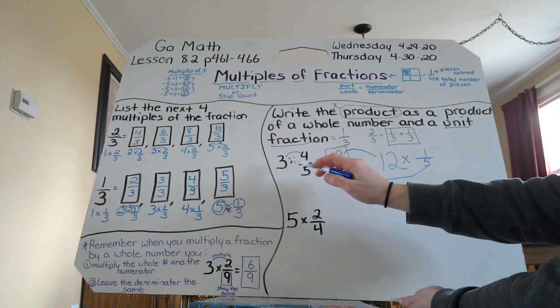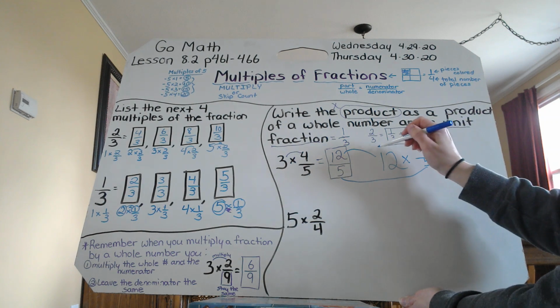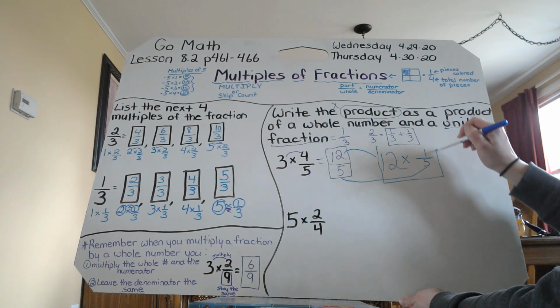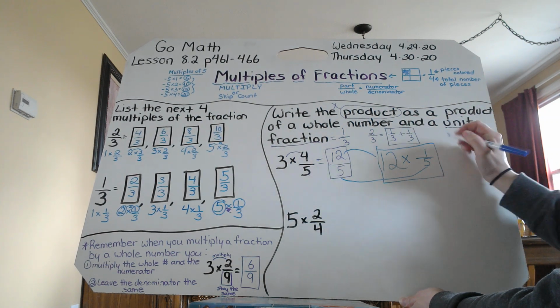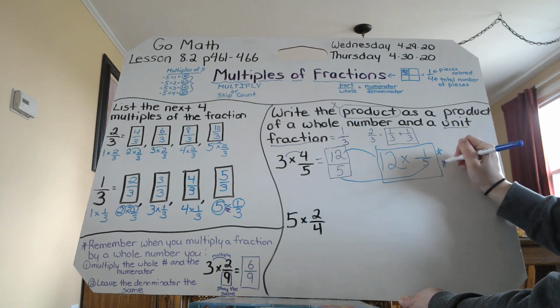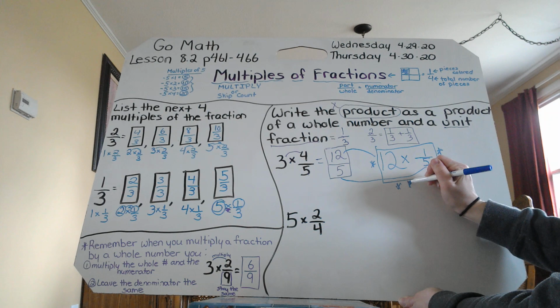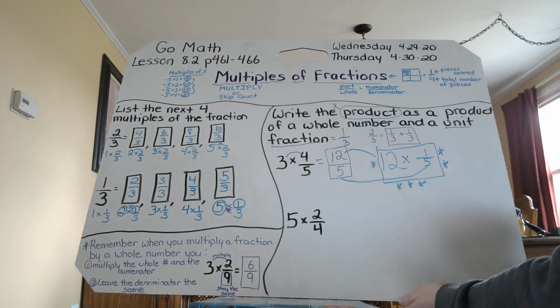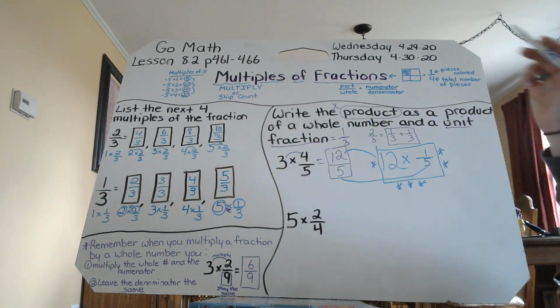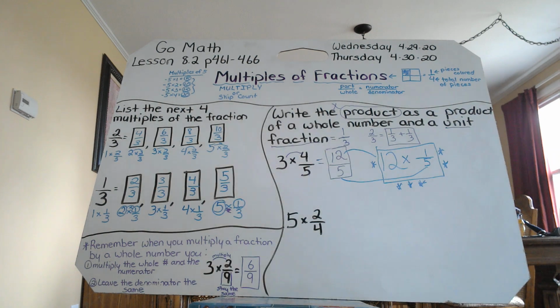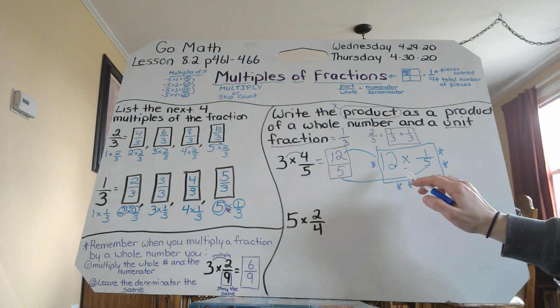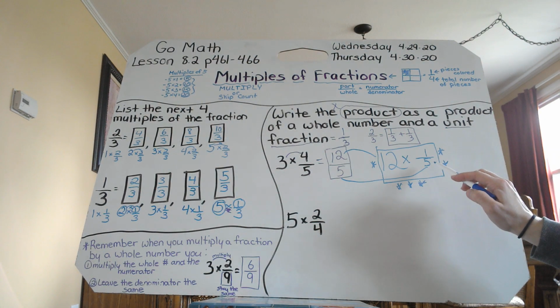So really, 3 times 4/5 equals 12 times 1/5. This guy right here would be the answer that we would want to see because of the directions, because the directions are telling you that you need a whole number and a unit fraction.